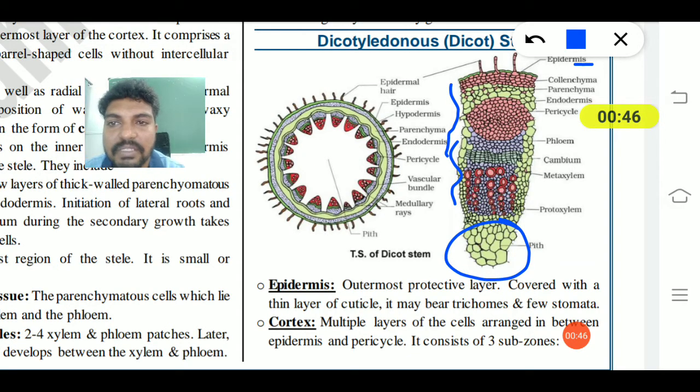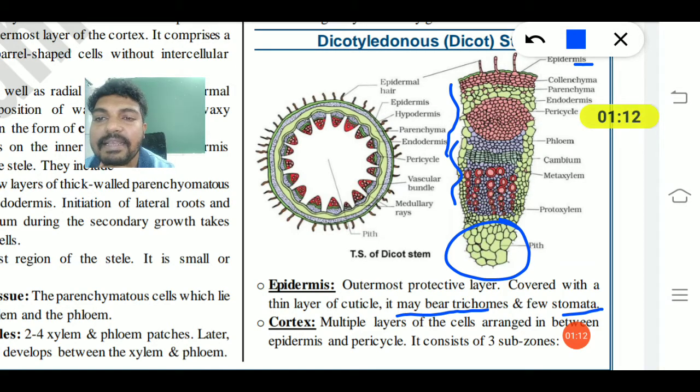The epidermis is the outermost protective layer covered with cuticle, and bears trichomes and a few stomata. The cuticle reduces the rate of transpiration, and trichomes are multicellular outgrowths found on the stem.